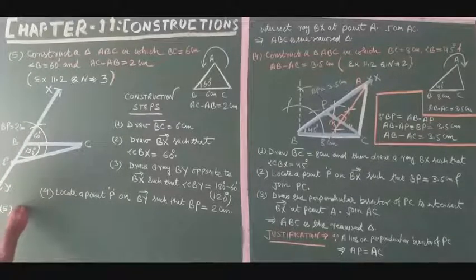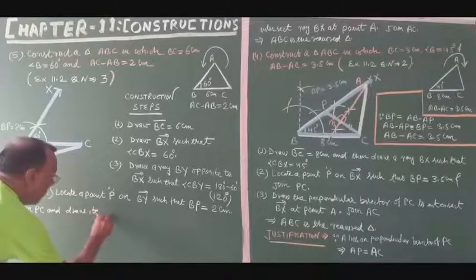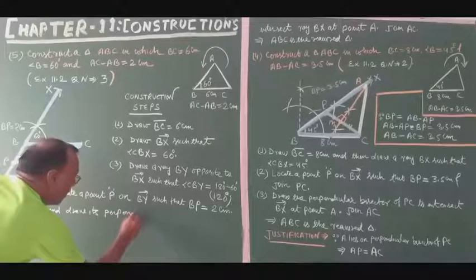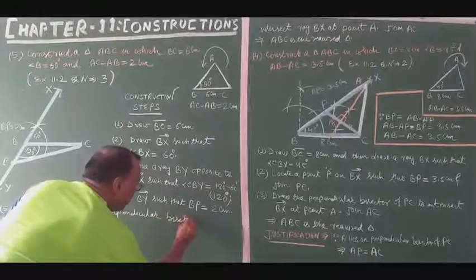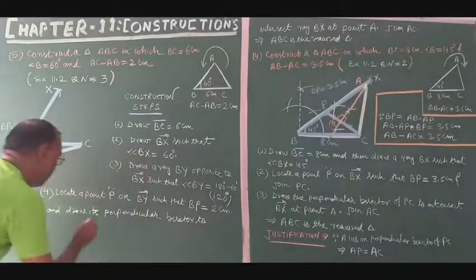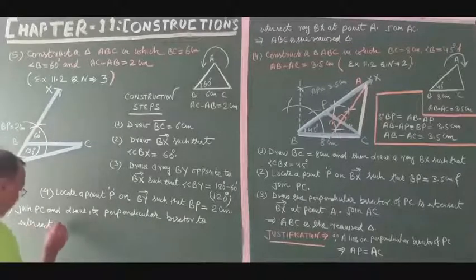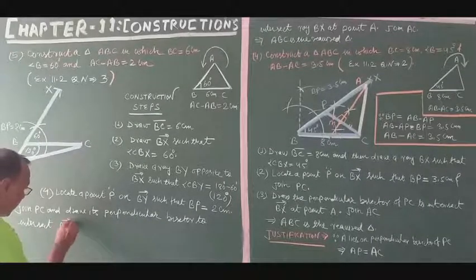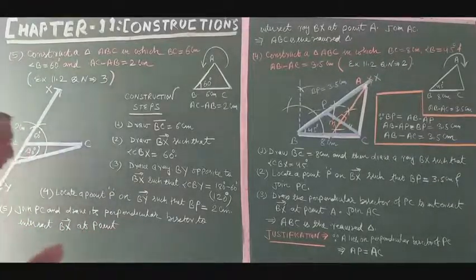Now join PC and draw its perpendicular bisector to intersect this ray BX at a point, and that will be A. Now what will we do?